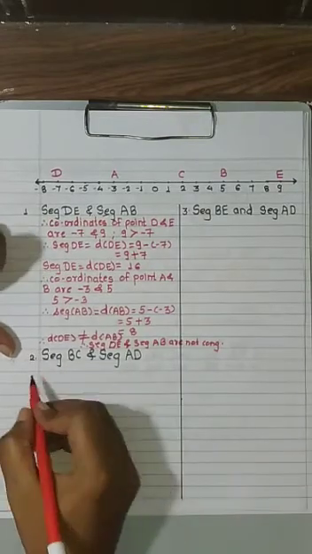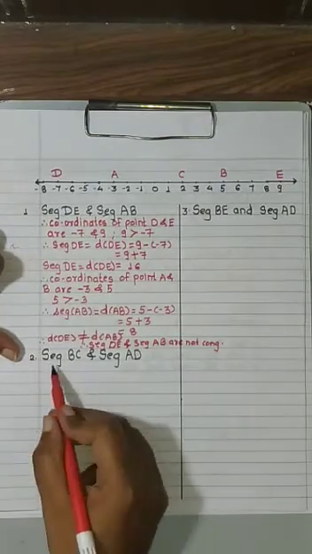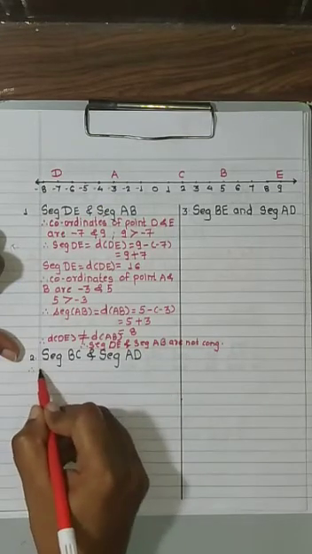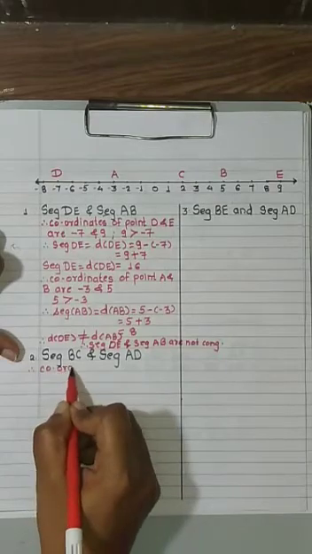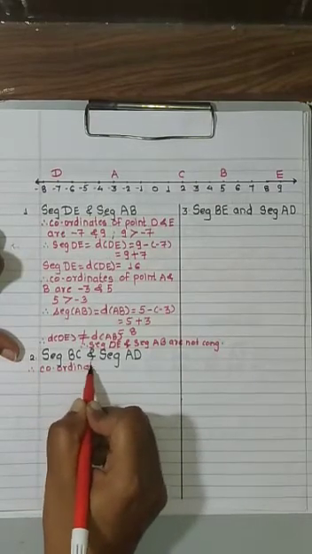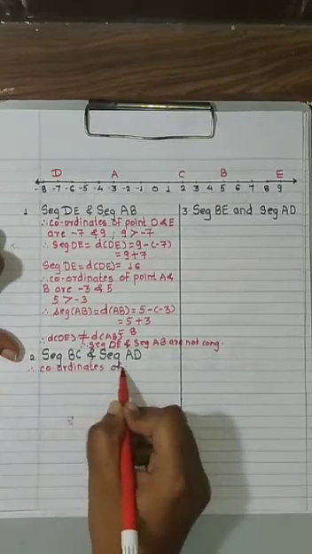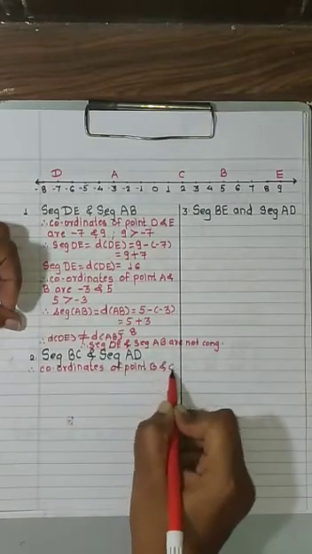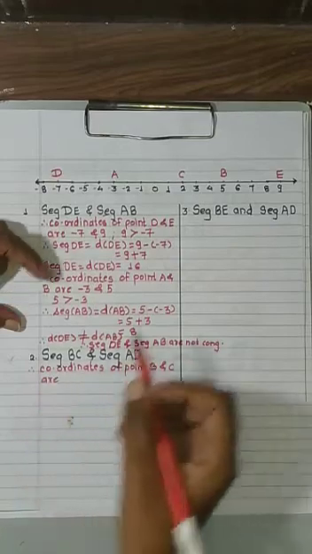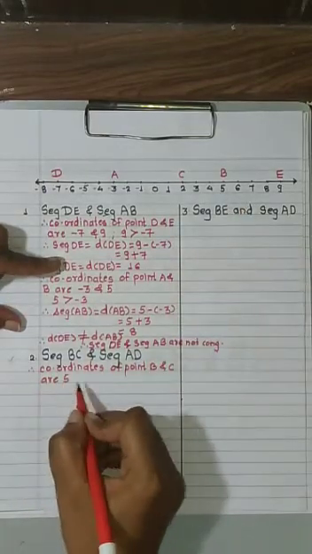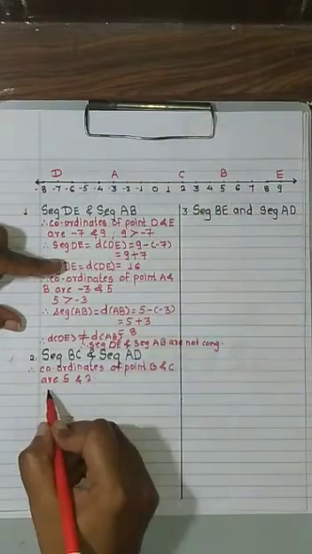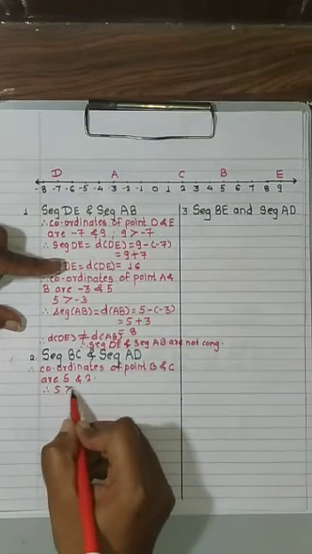Now let us move on towards second one, segment BC and segment AD. Therefore coordinates of point B and C are, so how much is B? B is 5 and C is 2. Therefore 5 is greater than 2.